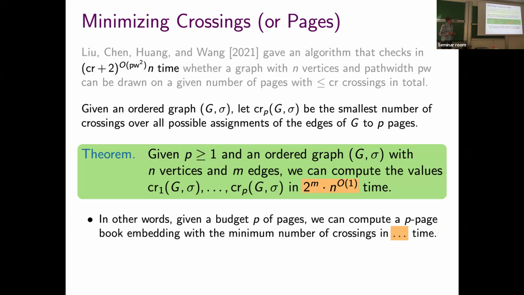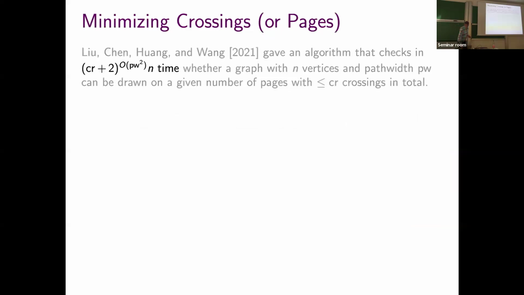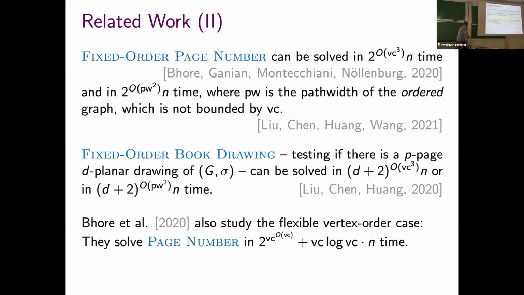And the results before that were computing this with some other parameters being fixed. Yes. So you have the number of edges, and over there you had, like, 2 to the path width. Here they did not minimize the number of crossings, but they asked for the minimum number of pages.